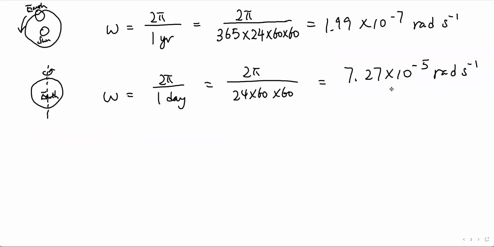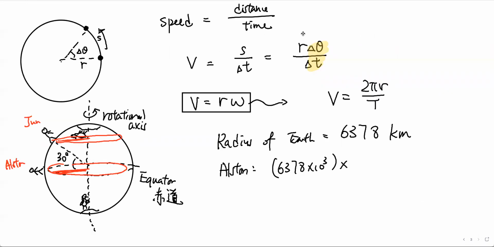But then you need to use the angular velocity you found before, 7.27 times 10 to the power -5. Then you get the speed of Elson.